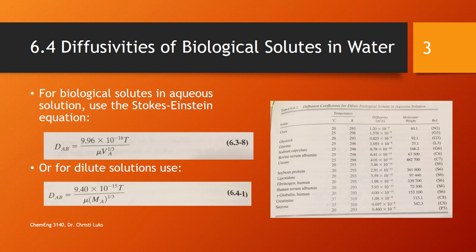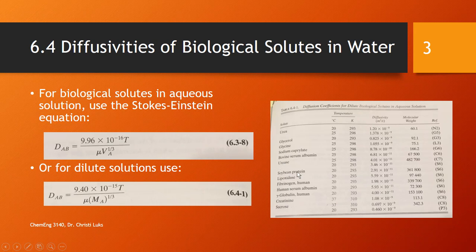And if we have a very dilute solution, then we're going to instead use this variation here, where instead of taking this molar volume equivalent, we're going to take the molecular weight of the solute that's trying to diffuse through my liquid water.